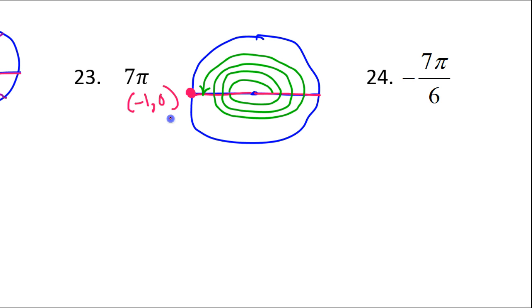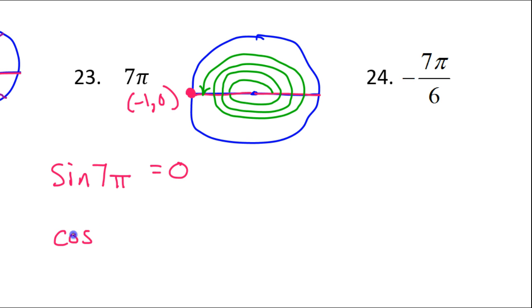So we're going to use those to answer all the questions. So when we do sine of 7 pi, whoa, what am I doing? Alright, sine of 7 pi. Sine is the y value. So sine of 7 pi is 0.